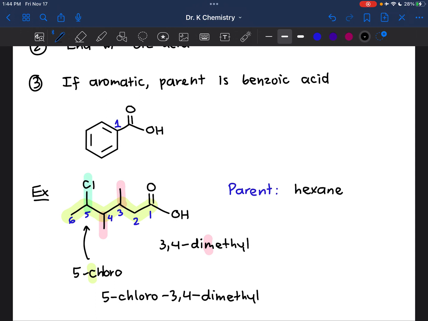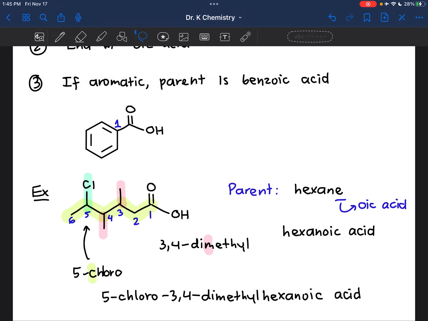If this was just a regular alkane, we would call it hexane, since the longest chain has 6 carbons. But because it's a carboxylic acid, I will change that E ending to oic acid. And the parent name becomes hexanoic acid. And then I'll just tack that on at the end. So the full name of this molecule is 5-chloro, 3,4-dimethyl, hexanoic acid.